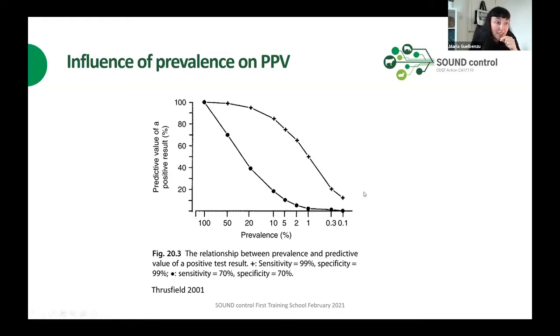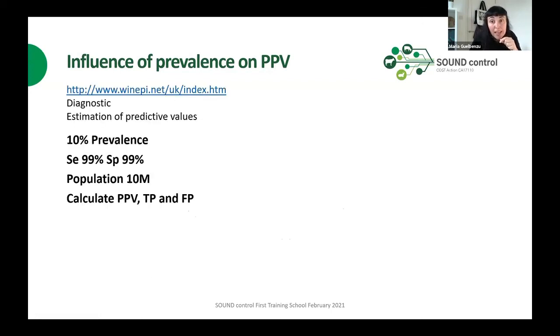But as you can see, even with one that is close to perfect, we still have difficulties at the end. For these, there can be other techniques, perhaps serial testing or other ways. So let's explore a little the influence of prevalence on the predictive value.